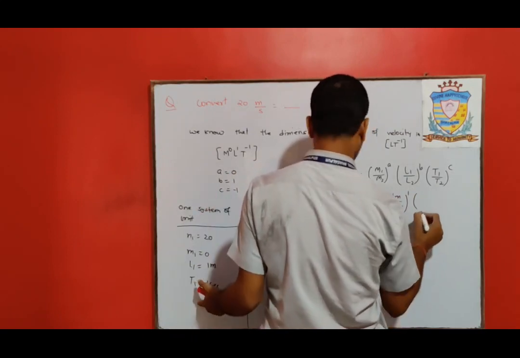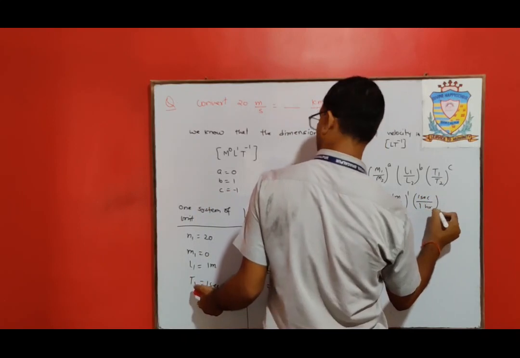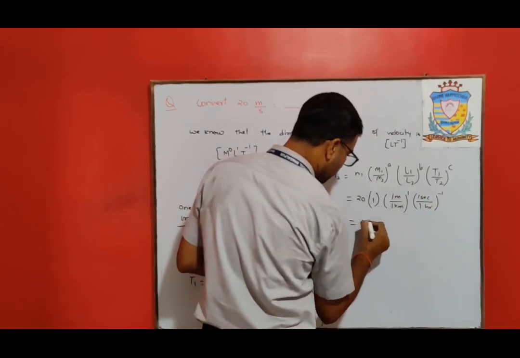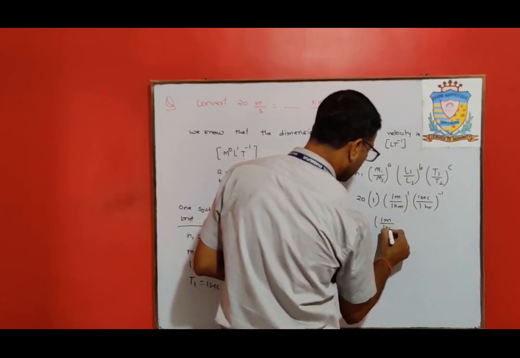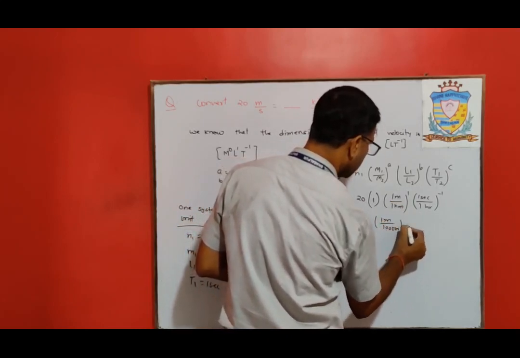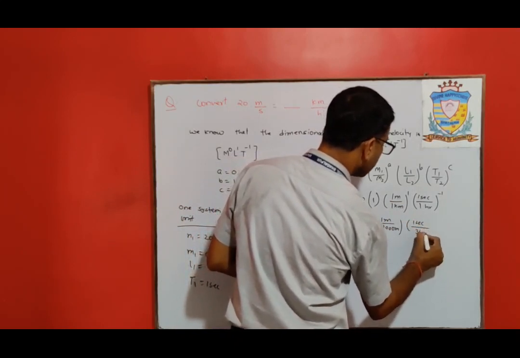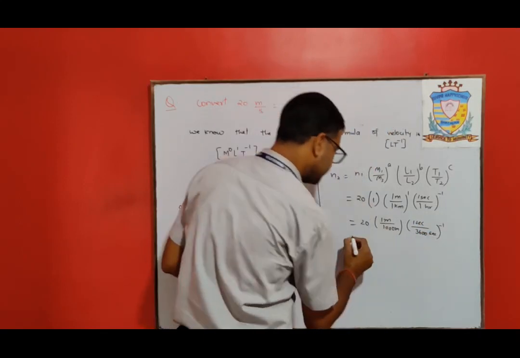T1 upon T2, that is 1 second upon 1 hour, whole to the power minus 1. So 1 meter upon 1000 meter, and 1 second upon 3600 seconds whole to the power minus 1.